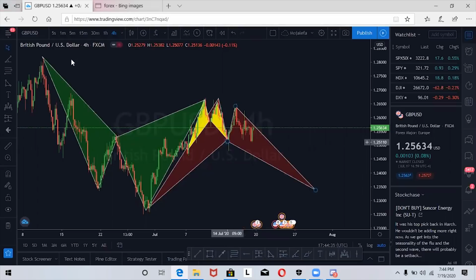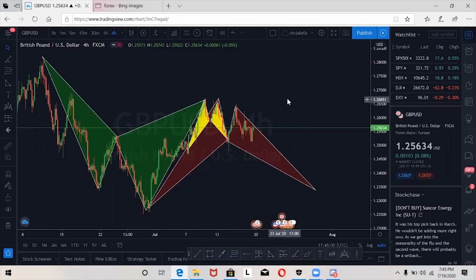Remember, these patterns already can tell you where the market is going. For example, if you see a bullish butterfly, you can already know the market is gonna go up. Then after going up, it's gonna go down. So you get what I mean. So if you see a bearish bed, you already know the market is gonna go down.